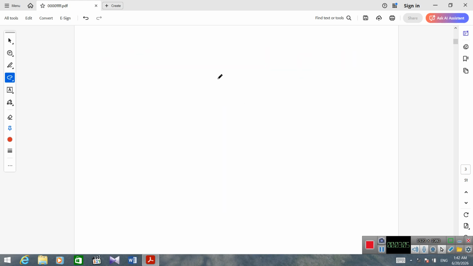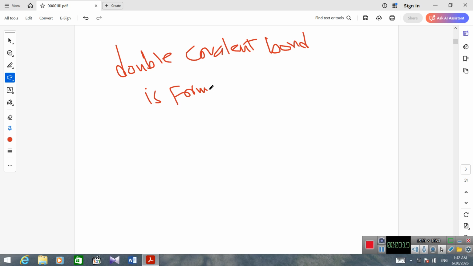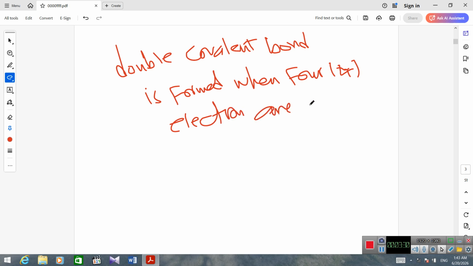Another thing is the double covalent bond, and a double covalent bond is formed when four electrons are shared between two atoms.